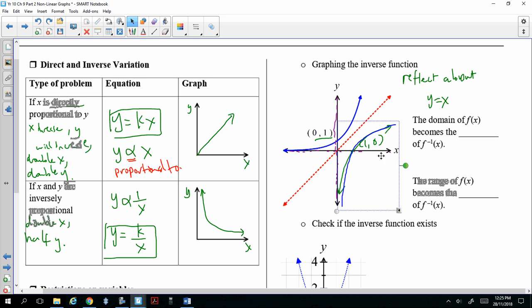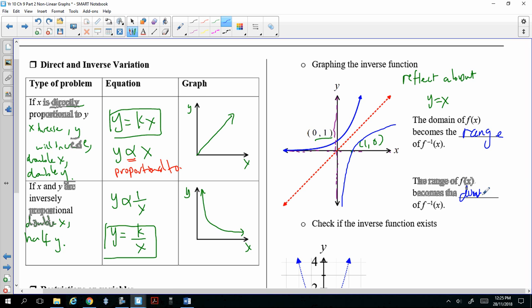Okay, good. So from here, we can learn something about the graph: the domain of the function becomes the range of the inverse, and the range of the function becomes the domain of the inverse. Okay, so it gets swapped. Let me write this again.